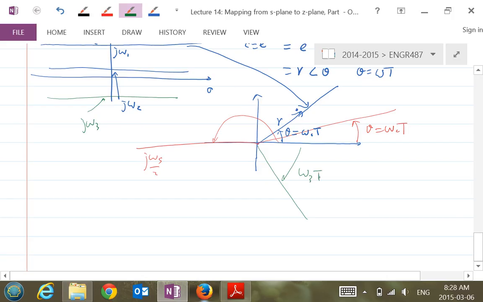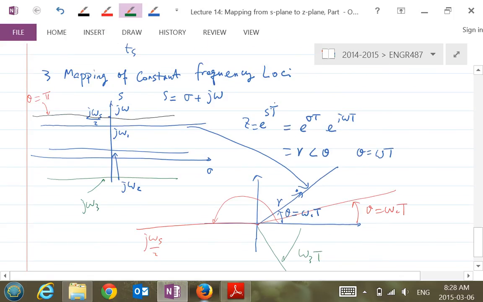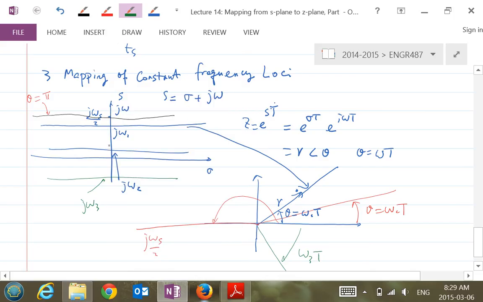Moreover, I draw the horizontal line passing through both the right and left plane. We know that on the left side it's stable, but on the right side it's unstable. So anywhere separating this, on the j omega axis, it's actually what?